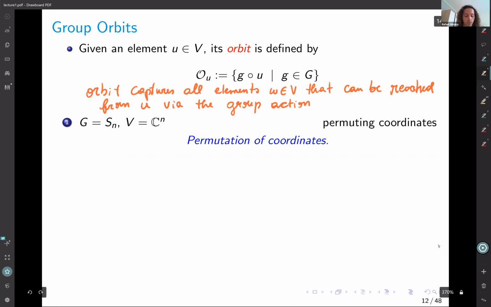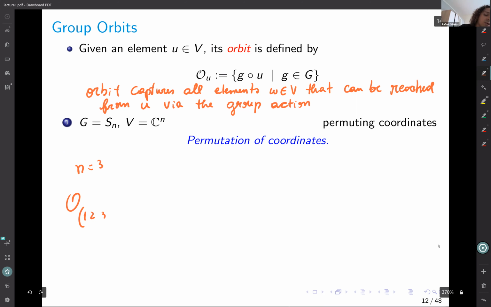Right? For example, take the first example that we saw, where G is Sn and V is C to the n, the permutation of the coordinates. What is the orbit of an element? It's just the set of all possible permutations of the coordinates. For instance, with n equals 3, what is the orbit of the vector 1, 2, 3?